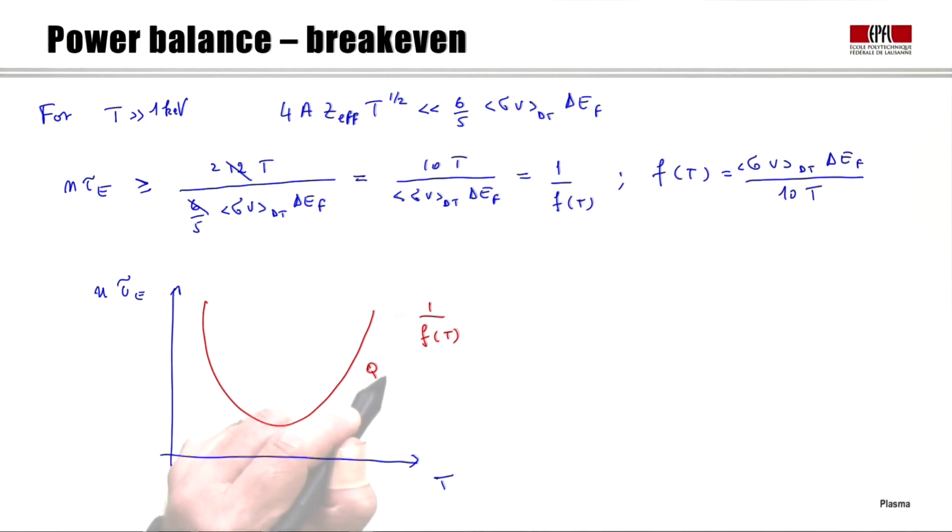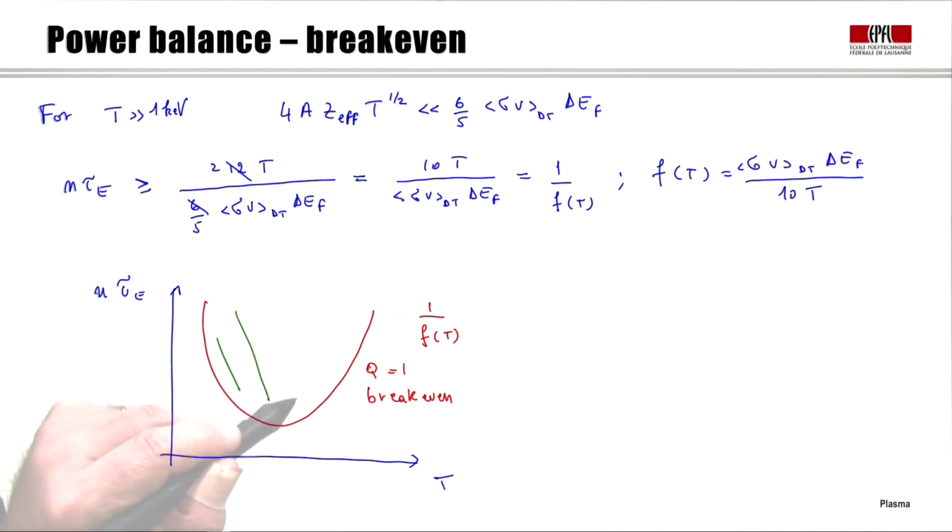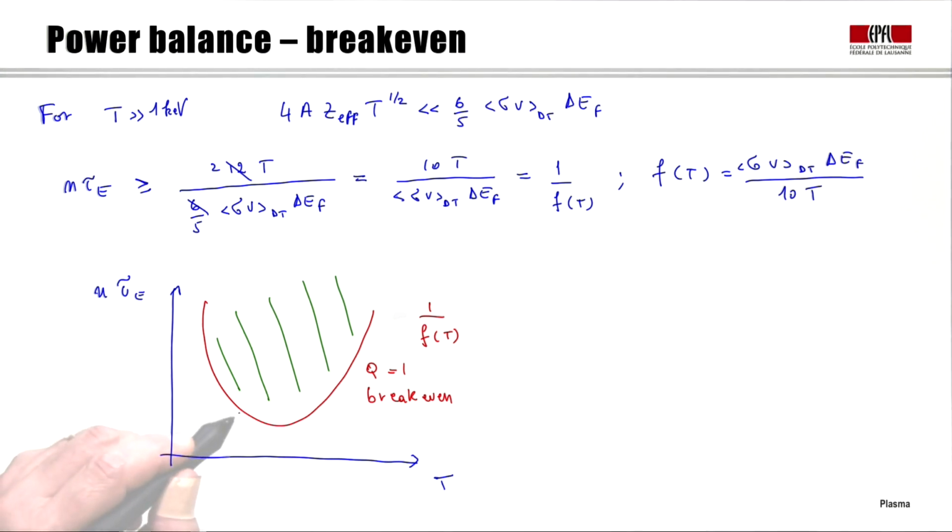That corresponds to the Q equals 1 situation, or break-even situation. So reactors can have a hope to work in a region in green here, above that line. If we take a typical value on this curve, we have about 10^20 per cubic meter times a second in terms of n times tau E, and about 10 keV of temperature.